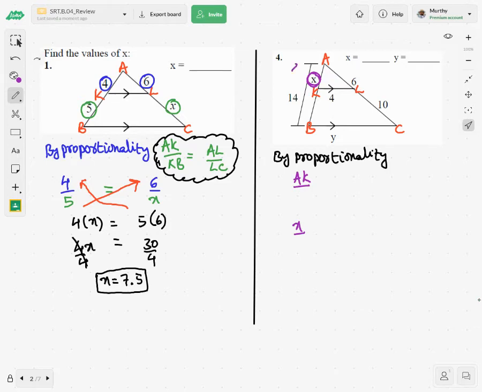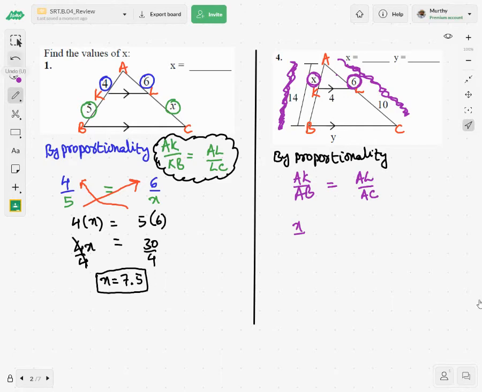And here the whole length is given, not a portion. So you are expected to take the whole length on the other side too. So now the denominator is AB, and here the numerator is the upper portion AL over the whole length, which is AC.